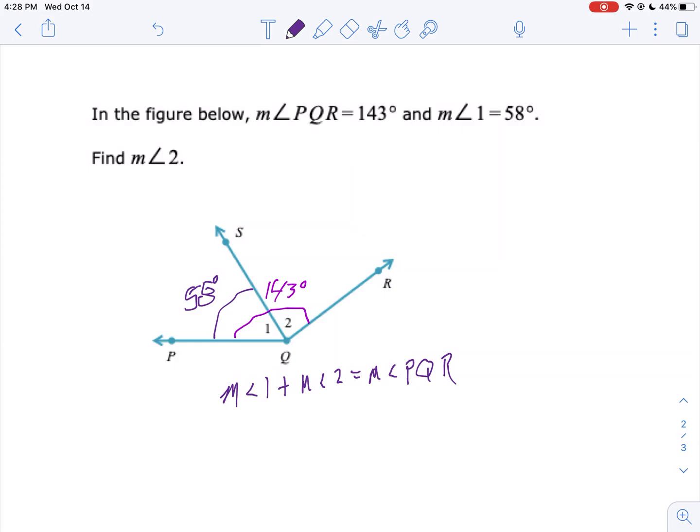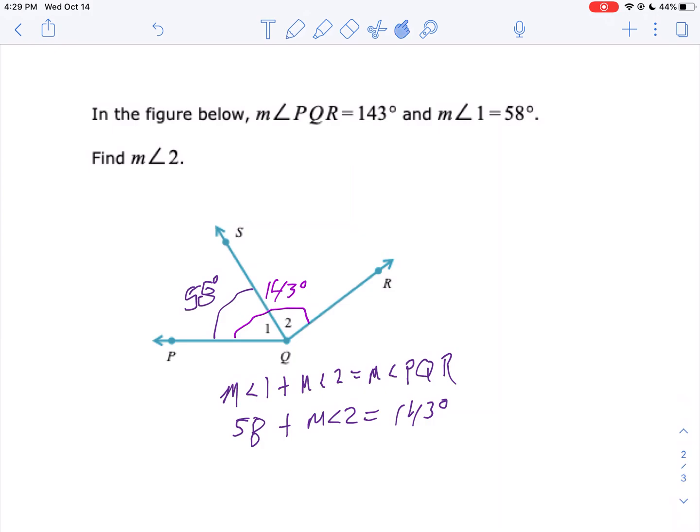I don't know if you need to write this down, but I'm going to write it down so I can explain it to you. The next step I want you to write down: we know angle 1 is 58 degrees. We're supposed to find angle 2, so the measure of angle 2. And PQR is 143 degrees.